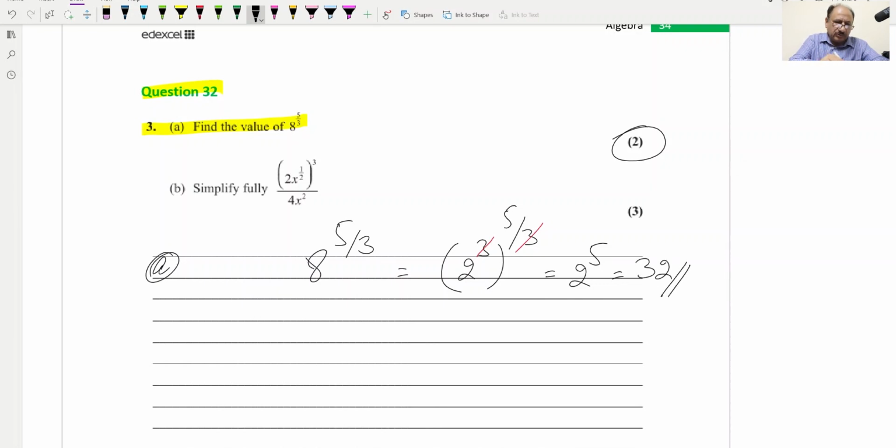This is a 2 mark question. Now part B. Part B says simplify fully. This is the expression given, and I'll copy the expression. So it is (2x raised to 1 by 2) whole raised to the power 3, divided by 4x squared.